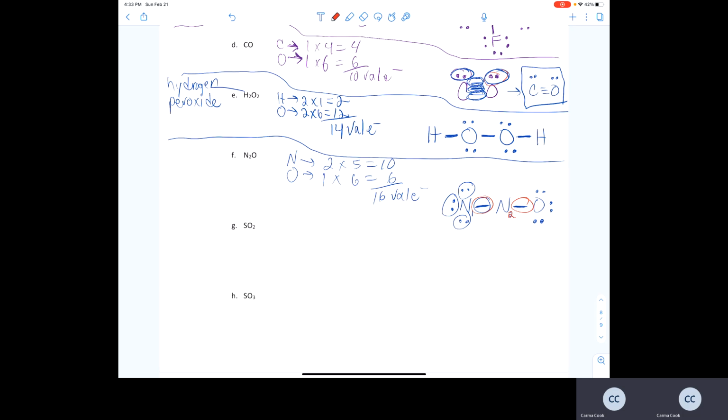The oxygen is happy. It has 2, 4, 6, 8 electrons around it. But the central nitrogen is unhappy. So we're going to move 2 electrons from one of the elements that are happy. The outside nitrogen is happy. So we're going to take those electrons and we're going to move them so that they are between the 2 nitrogens.